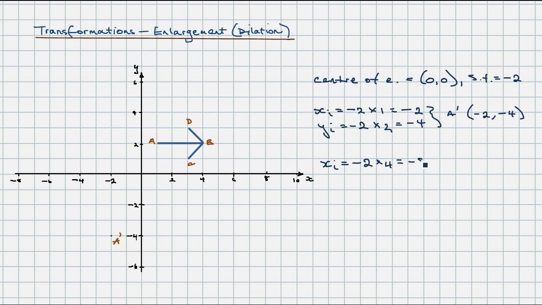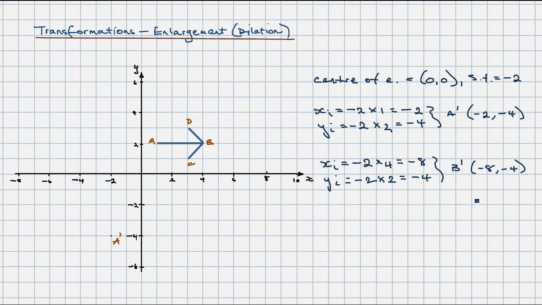Okay, the y coordinate of the image is going to be minus 2 times the y coordinate of B, which is 2. Minus 2 times 2, minus 4. So we've got B prime at minus 8, minus 4.